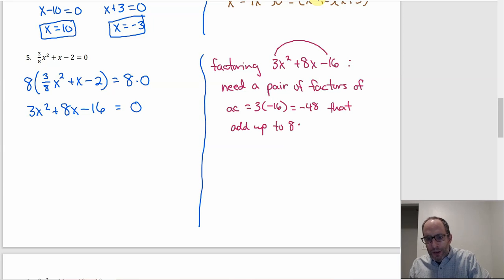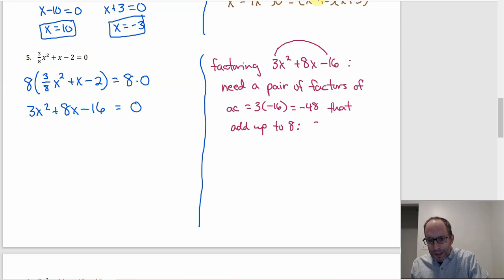Okay. So they've got to be different signs because of that negative 16, right? So we multiply them together, we've got to get a negative. So different signs, one positive, one negative, but the positive has to have the bigger absolute value, I think. But maybe not. I guess we just have to kind of, well, yeah, because they add up to 8. So yeah, we just have to kind of try stuff here.